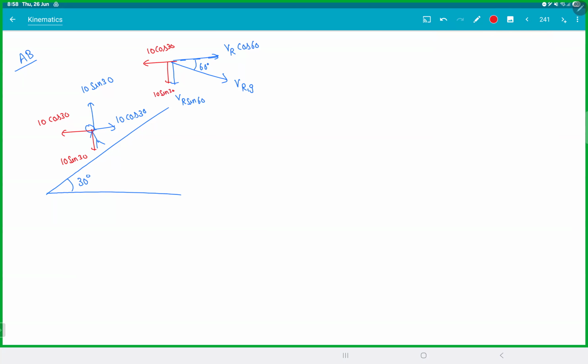Now the man will think, okay, I came to rest. And he will think the rain is going here with VR cos 60. This way it is 10 cos 30. And vertically it is 10 sin 30 plus VR sin 60. And he sees the rain falling vertically.